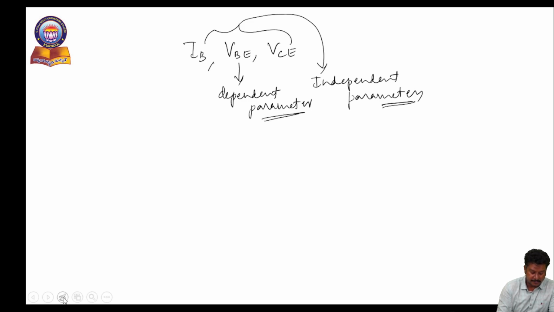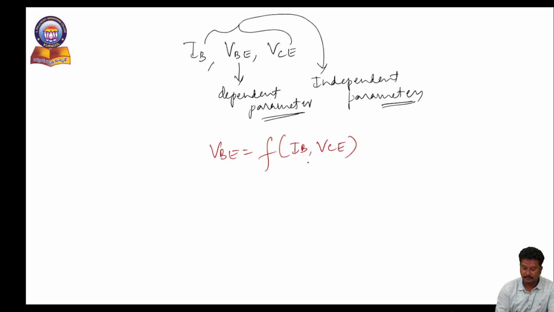So from this, we can conclude that VBE is a function of IB and VCE, nothing but input current and output voltage.